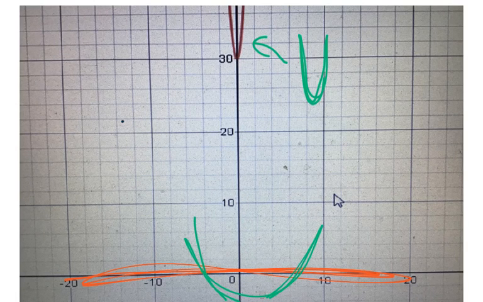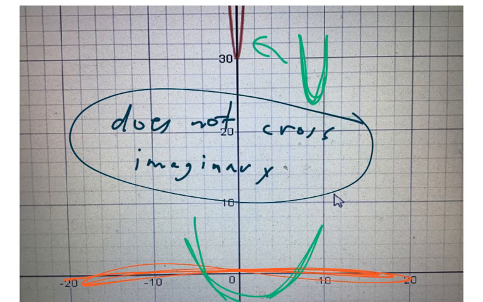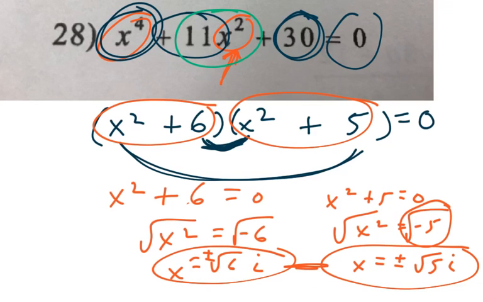Because it does not cross, we already know it has imaginary answers. See, if it crossed, then we would have real answers. But when it does not cross, you know you have imaginary answers. And that's important to understand. When it doesn't cross the x-axis, you can't have real zeros. Therefore, what you have are imaginary answers. And that's what we have. We actually have 4 imaginary answers here.